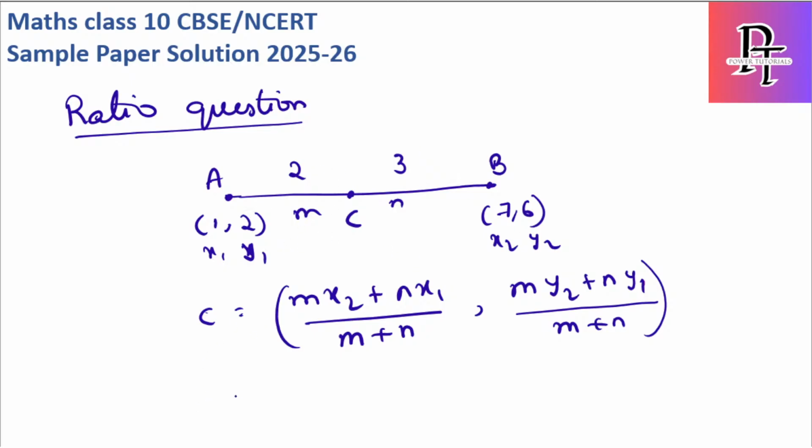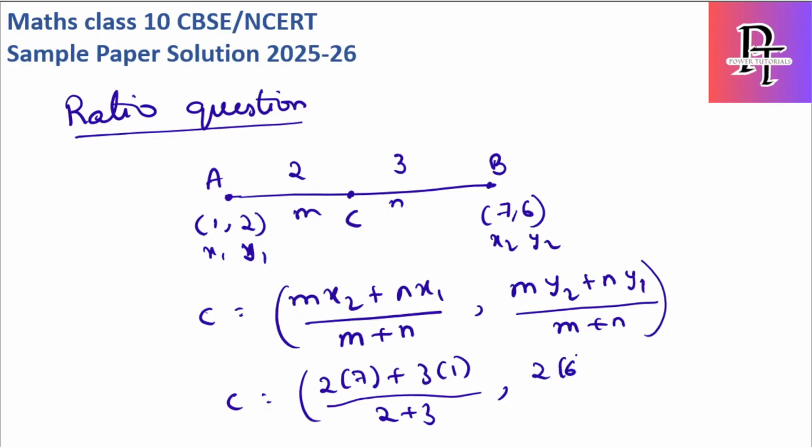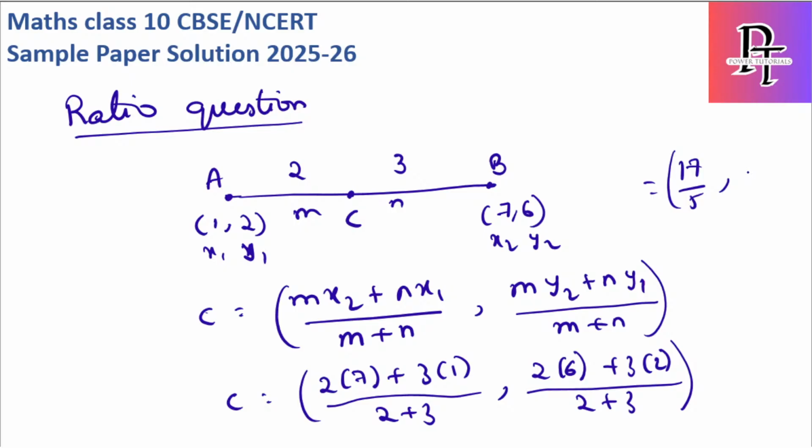Okay, so for this case the point C value will be: m is 2, x2 is 7, so it will be 2 into 7 plus 3 into 1 by m plus n, which is 2 plus 3, comma, m into y2, which is 2 into 6 plus 3 into 2 by m plus n, again 2 plus 3. So the point is 14 plus 3 is 17 by 5, comma, 12 plus 6, which is 18 by 5.